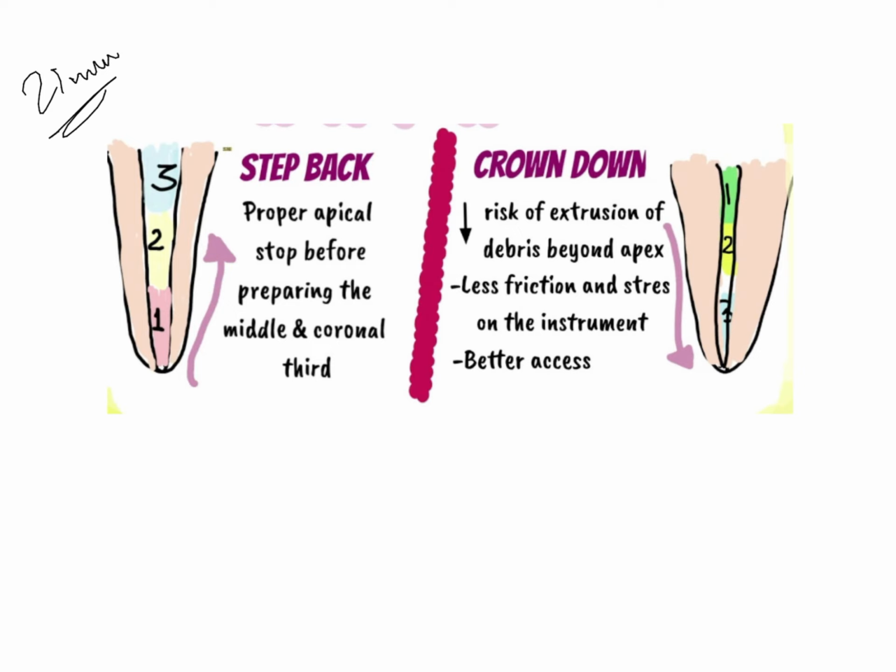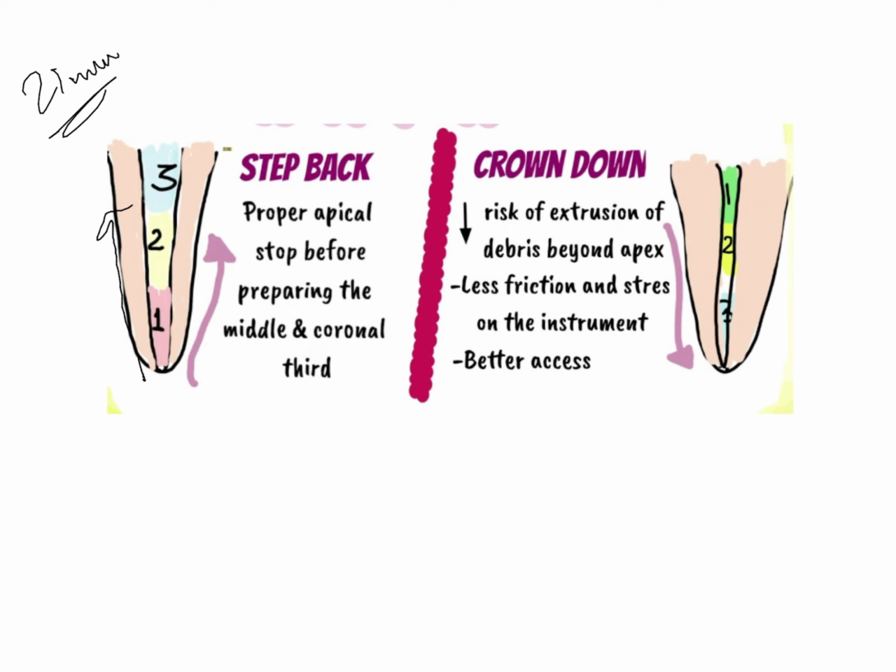One of the disadvantages of this procedure was that I am preparing the apex up to number 40. So I am trying to remove the dentinal shavings. Of course, you need to remember that irrigation was used in all of these systems. So I am irrigating the canal, but even if I have performed a proper step back, there is some dentinal shaving that is being deposited because I am going from bottom towards the top.